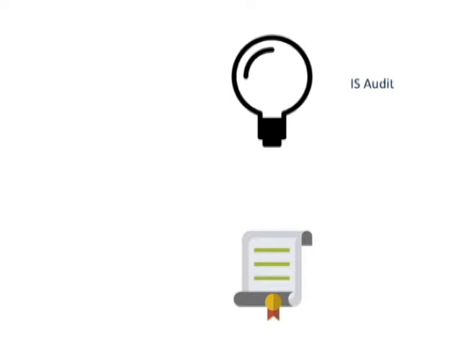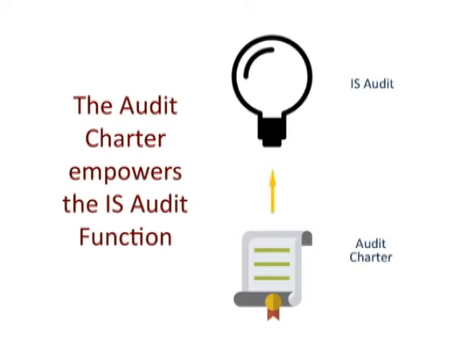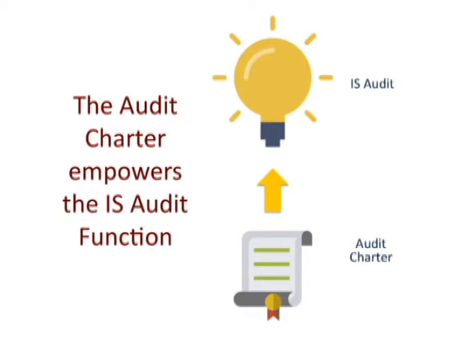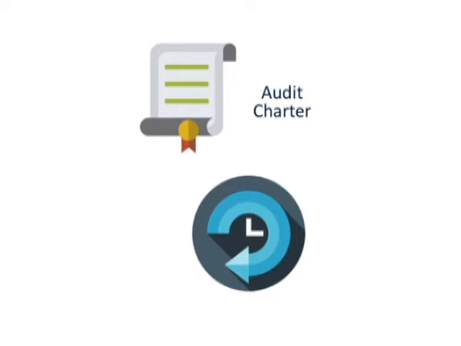The charter has to be very specific when stating management responsibility and objectives, along with the delegation of authority to the IS audit function. In a nutshell, the audit charter empowers the IS internal audit function within the organization. Also, once the document has been approved, we won't expect it to change that much. There has to be a very good reason why the charter has to be updated.